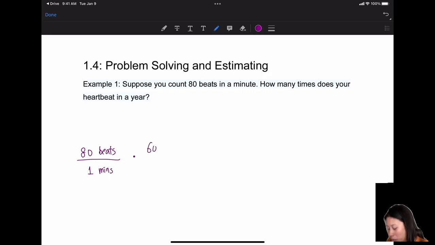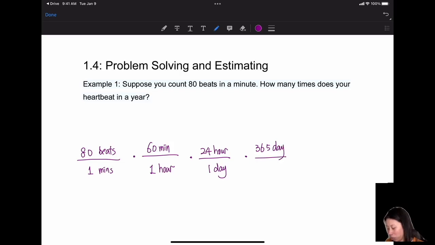And then we know that there are 60 minutes in 1 hour, and then we have 24 hours in a day, and there are 365 days in a year. So totally that gives you 14,048,000 beats per year.